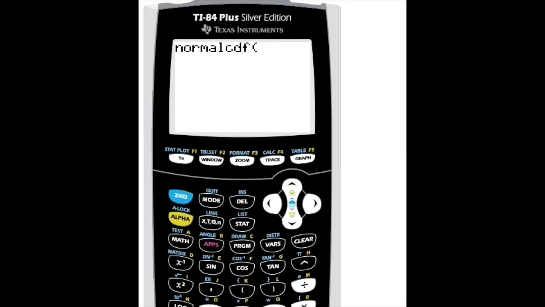Now the lower boundary was 305. The upper boundary was 325. And the mean was still 304 with a standard deviation of 8.